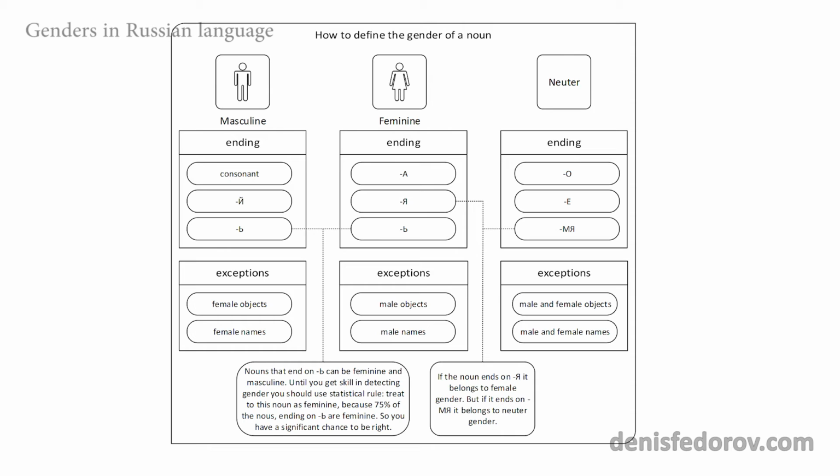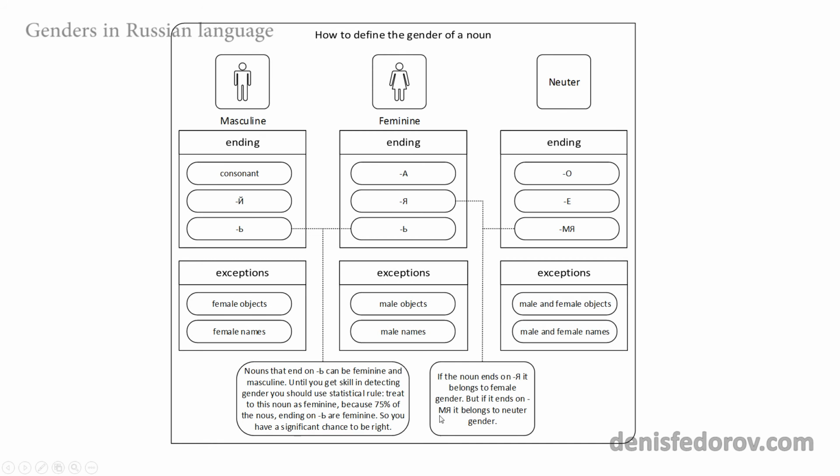It means that when you meet a noun ending on soft sign and you don't know the gender, consider this word to be feminine. So learn the gender if you meet a noun ending on soft sign. But if you don't have such possibility, then use this statistical rule.